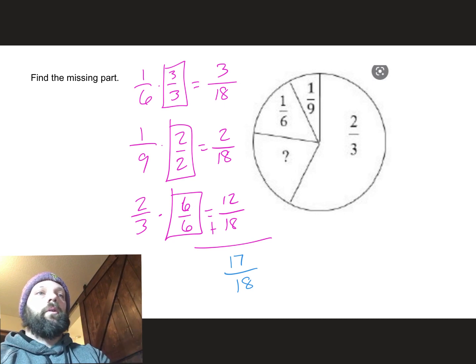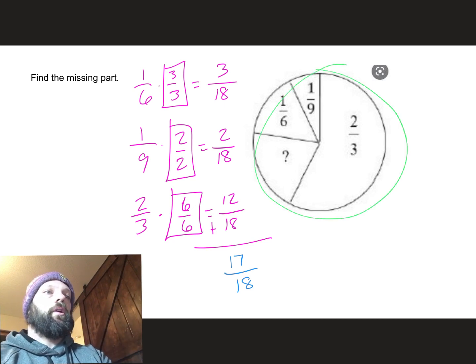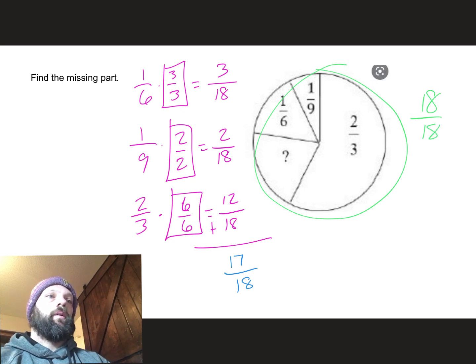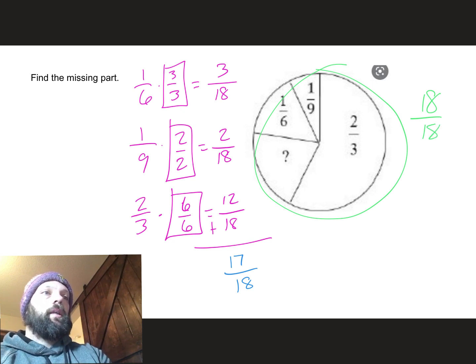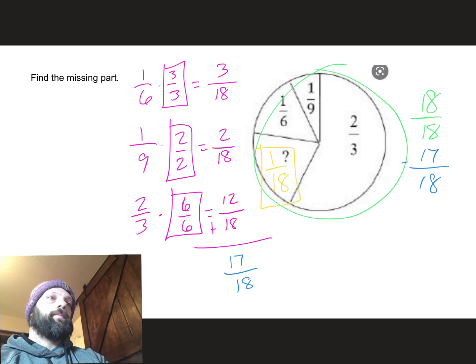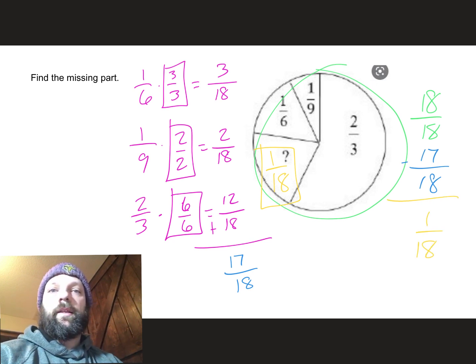So remember, this full circle has to equal 18 over 18. So I'm taking 18 over 18, and I'm going to subtract my 17 over 18, which leaves me with this piece as 1/18. So when I subtract there, I get the 1/18 for my answer.